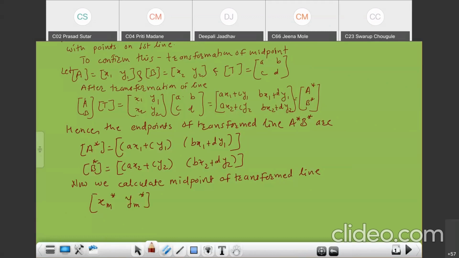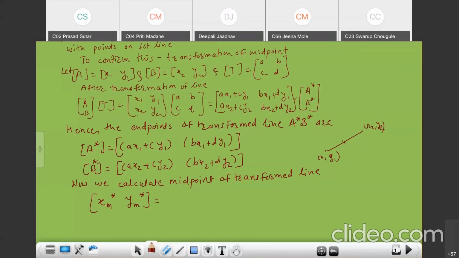How to calculate it? The midpoint x1 plus x2 divided by 2 and y1 plus y2 divided by 2. So if it is a line like this, it is x1 y1 and this is x2 y2. So how to calculate it? x1 plus x2 divided by 2 and y1 plus y2 divided by 2. So in this way we calculate the midpoint of any straight line.